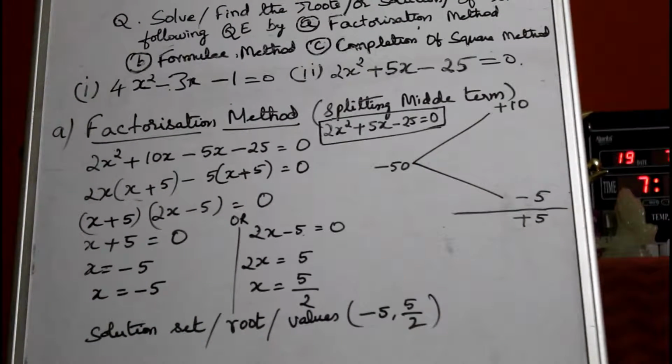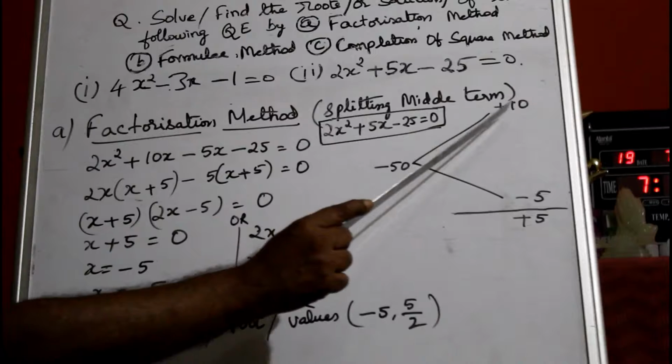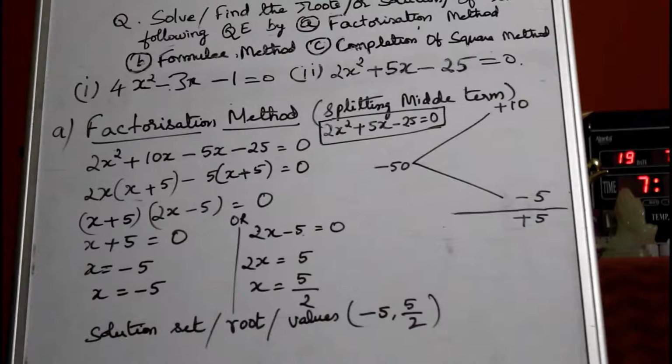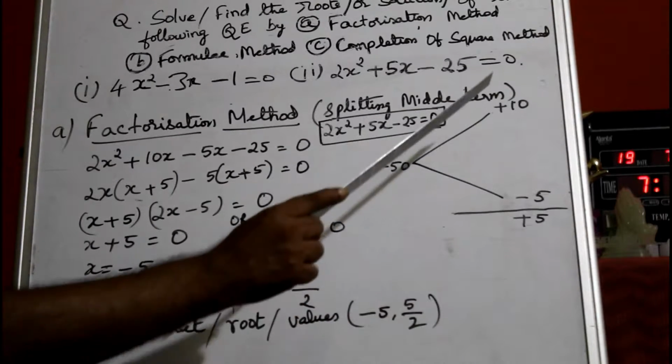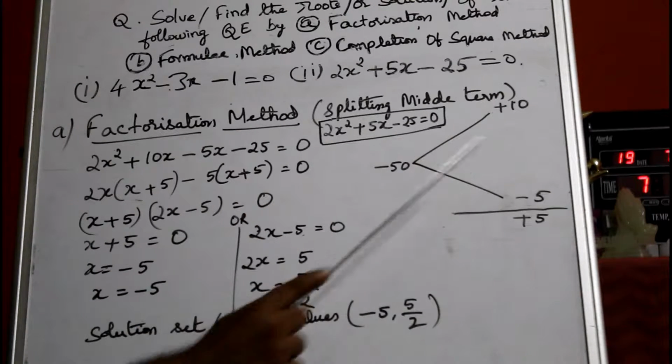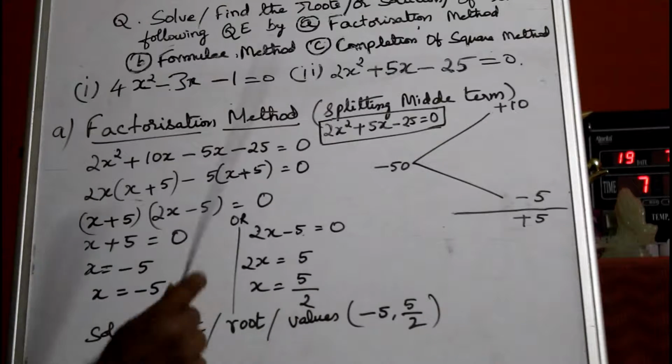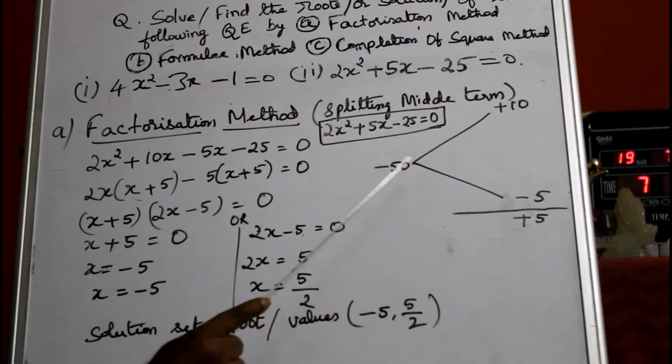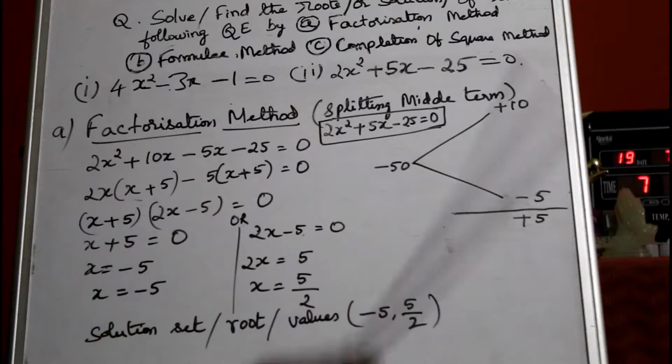And check the three conditions. Plus 10 and minus 5 is plus 5. Condition number 1: 10 fives are 50, only numbers you multiply. Condition number 2: plus into minus is minus. Three conditions should be satisfied. Even if plus into minus doesn't come, this combination should be changed. So this is called splitting the middle term.